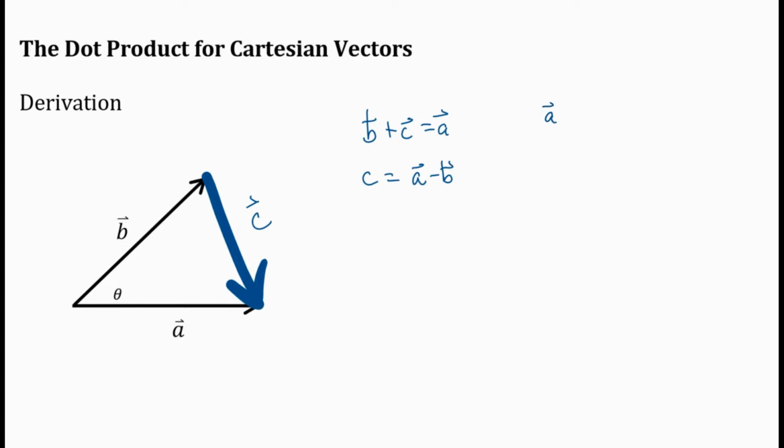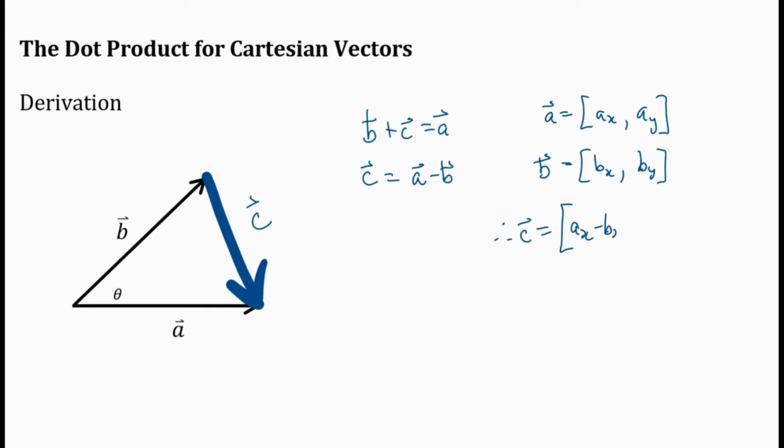I'm also going to define vector A as AX, AY. I'm going to define vector B as BX, BY. And that means vector C is equal to, we've already done subtracting Cartesian vectors, so if it's A minus B, it's AX minus BX, comma, AY minus BY.